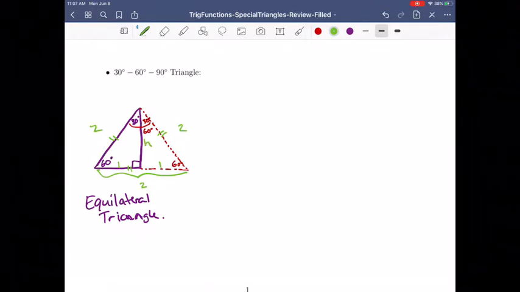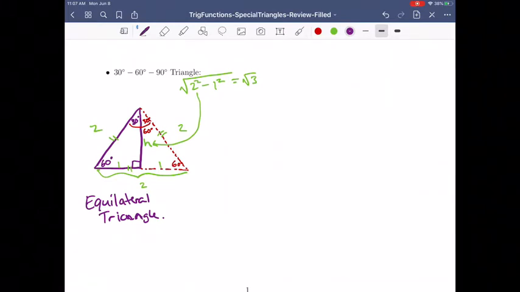We can compute that using just the purple triangle here. So it's going to be the square root of the hypotenuse squared minus the other side length squared, which is 1. So it's going to be square root of 3. So we get this triangle. Again, we can compute all of the trig values for 30 and 60.